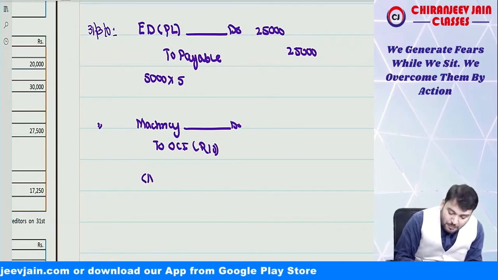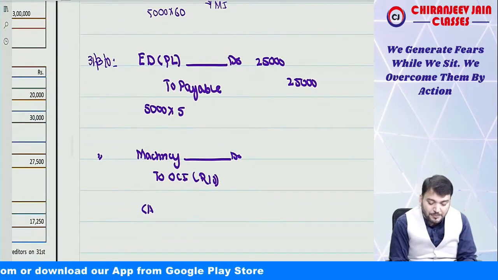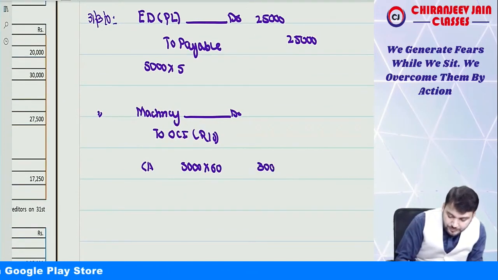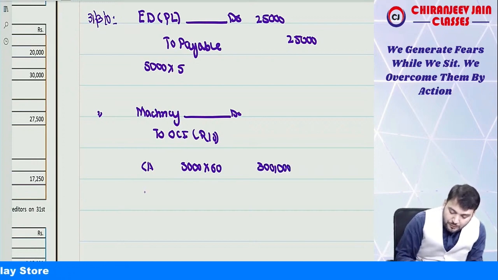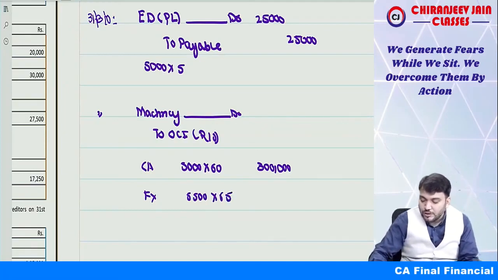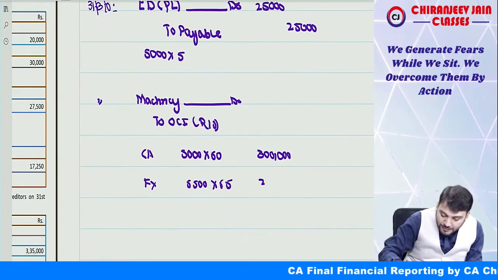So what is the carrying amount? Carrying amount is 5,000 into 60, that is 3 lakh. And fair value is 5,500 into 65, that is 3 lakh 57,500.